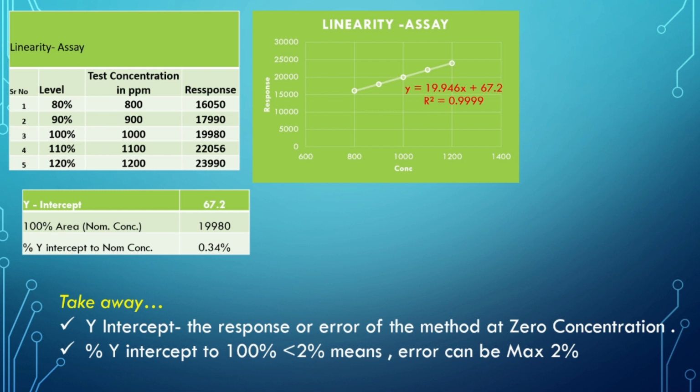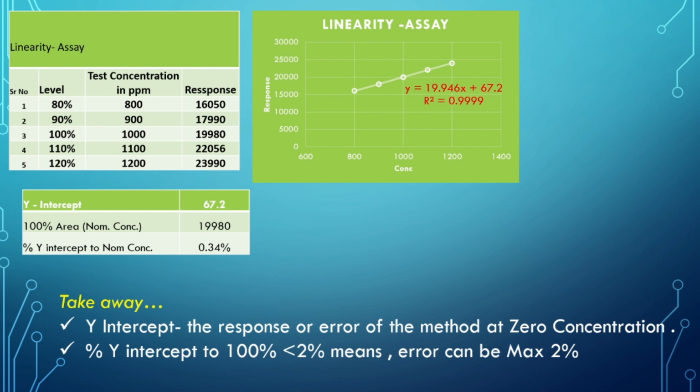That response may be contributed by your instrument, by the reagents, or by the analytical technique you are using. So that is a kind of error which can happen at 0% concentration.